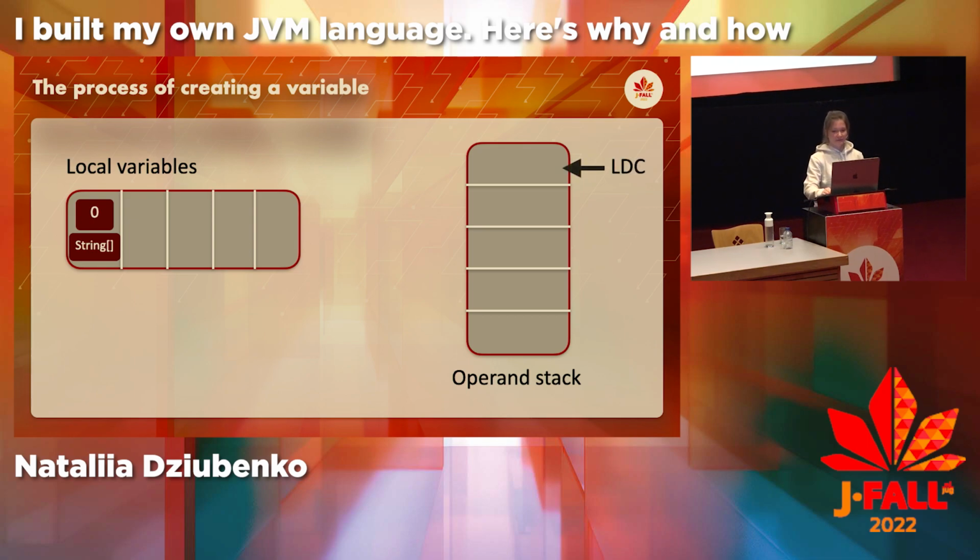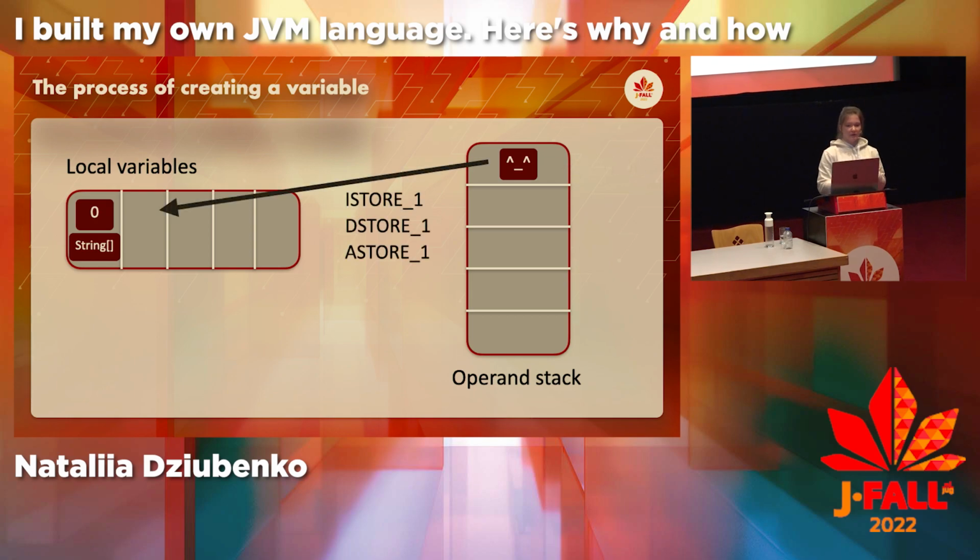We first need to put it into the operand stack. LDC is the bytecode operation that you can use for it. It has to do with a dynamically calculated constant value. And only after that, you can use commands like istore, dstore, astore, then the index in which you want to put it in local variables. So in this case, it will be 1.